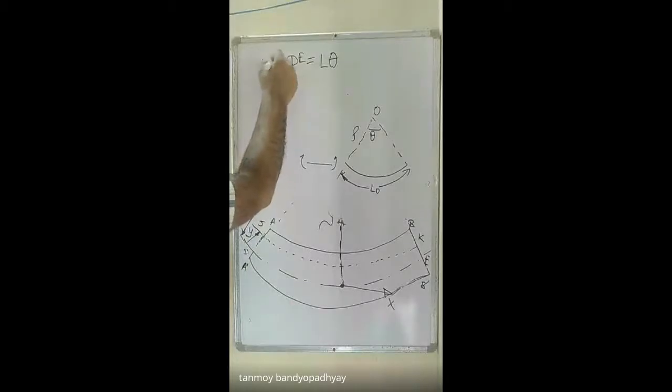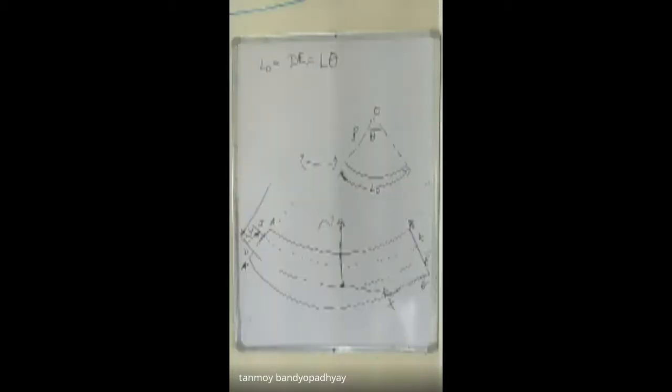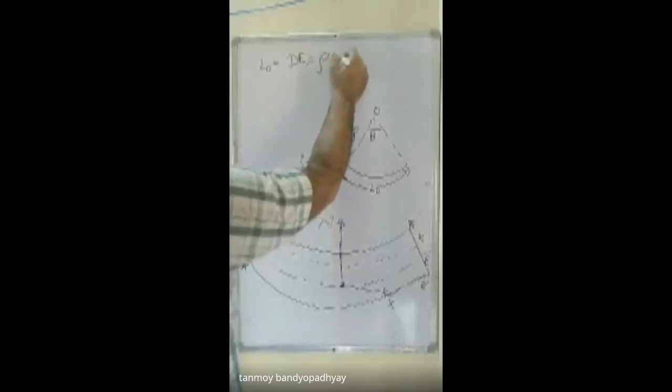So this is the actual, undistorted length of the beam. Since DE lies on the neutral axis, L0 represents the undistorted length of the beam, the length when it was not distorted, given by rho theta. Clear up to this?